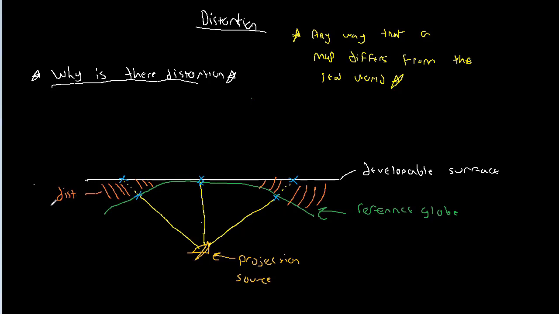Let's make that a little bit cleaner by moving it down just a touch. And the one place where the developable surface touches the reference globe is called the standard line.